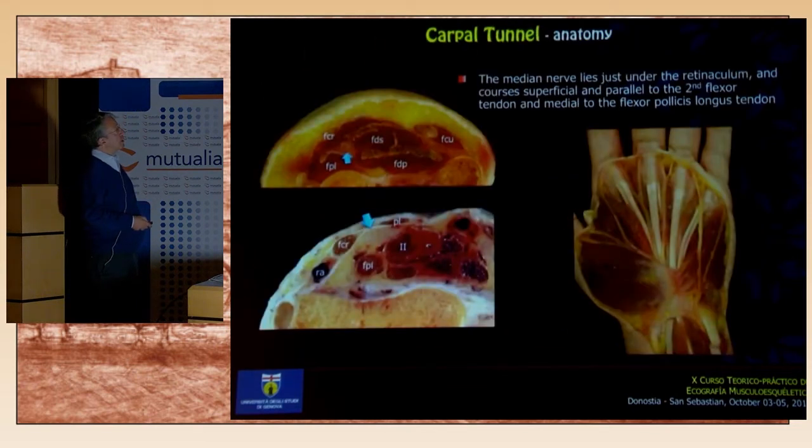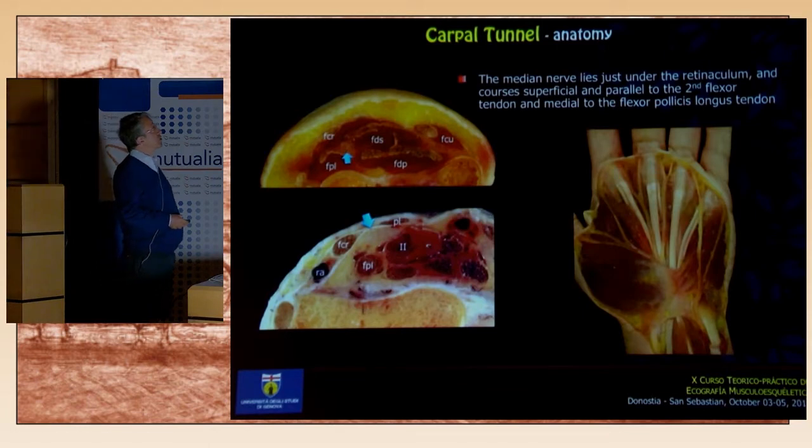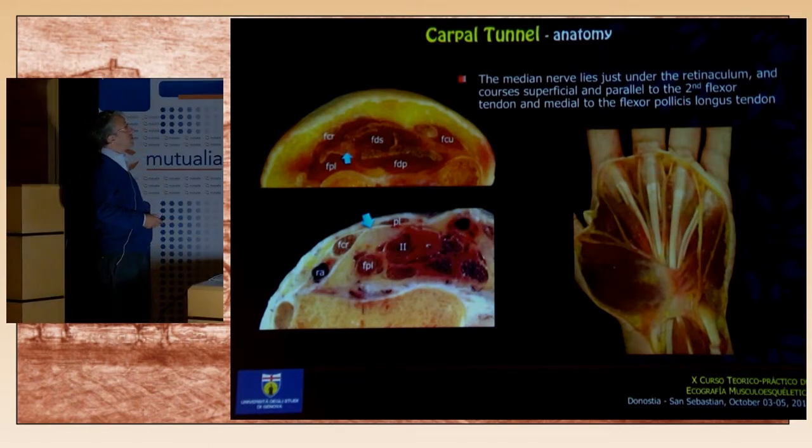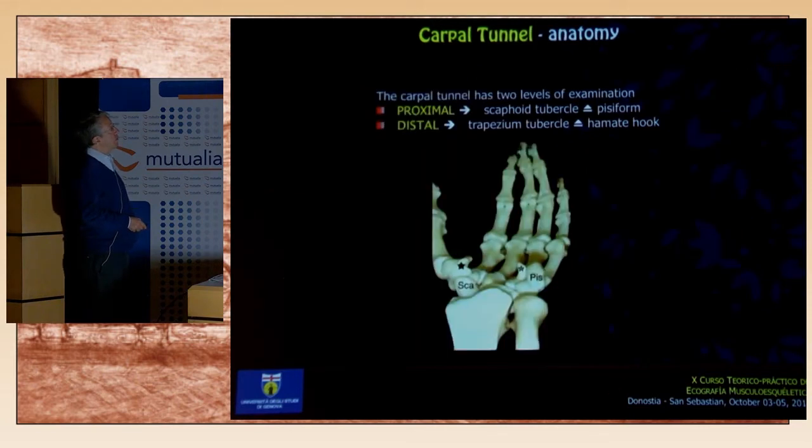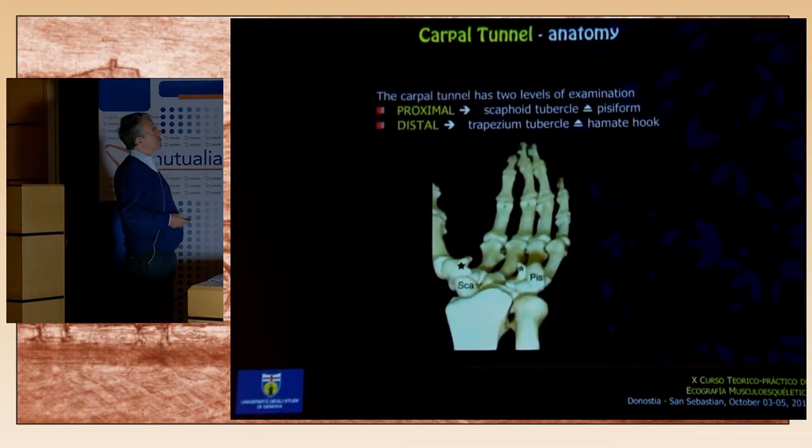Moving down to the carpal tunnel, you know that the median nerve descends the forearm, and then it enters the tunnel passing superficial to the flexor tendons. This is a representation of the area of the tunnel, and the tunnel is delimited by a retinaculum, the flexor retinaculum.